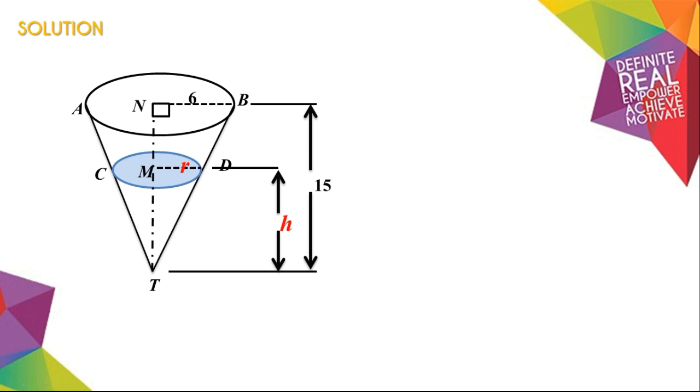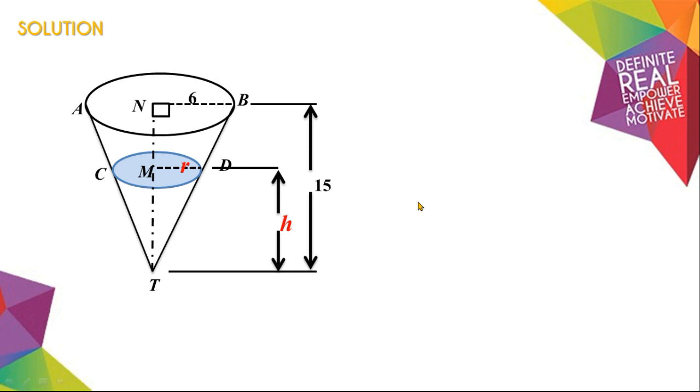If we pour water into it, then the radius of the water surface will be r. Points C and D are points on this circle with the center M. And then we can see that there are two triangles shown in the picture: triangle TMD and triangle TNB.